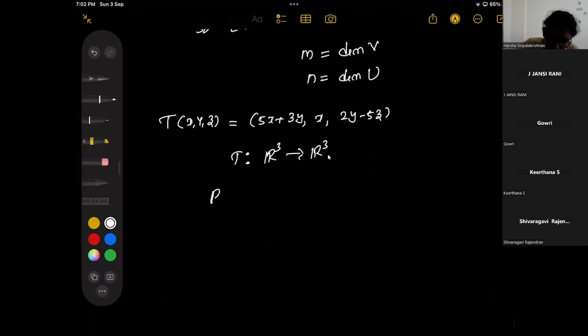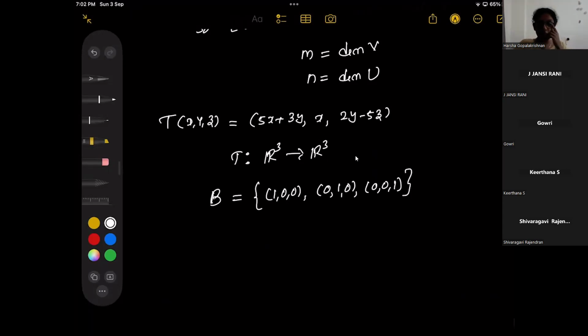So we will take the standard basis 1 0 0, 0 1 0, 0 0 1 for both of these R3. Now the basis is the same for both R3. What is the next step?